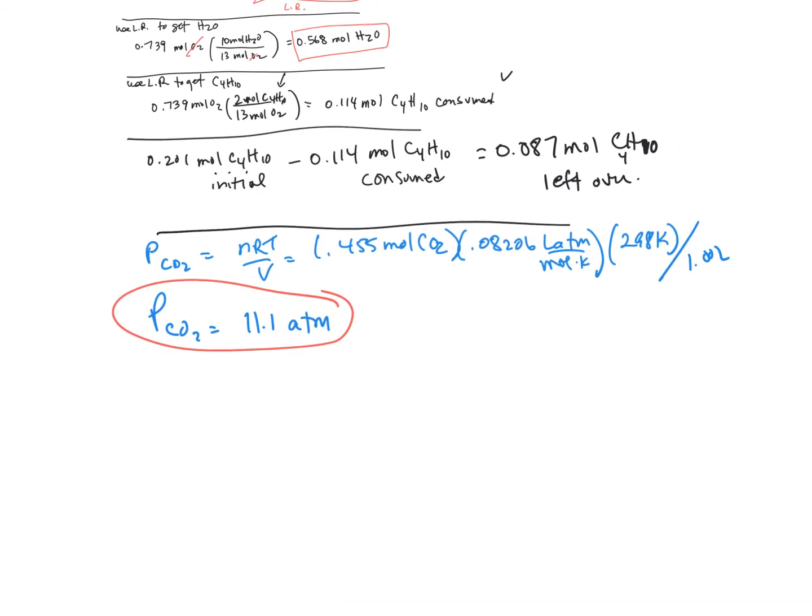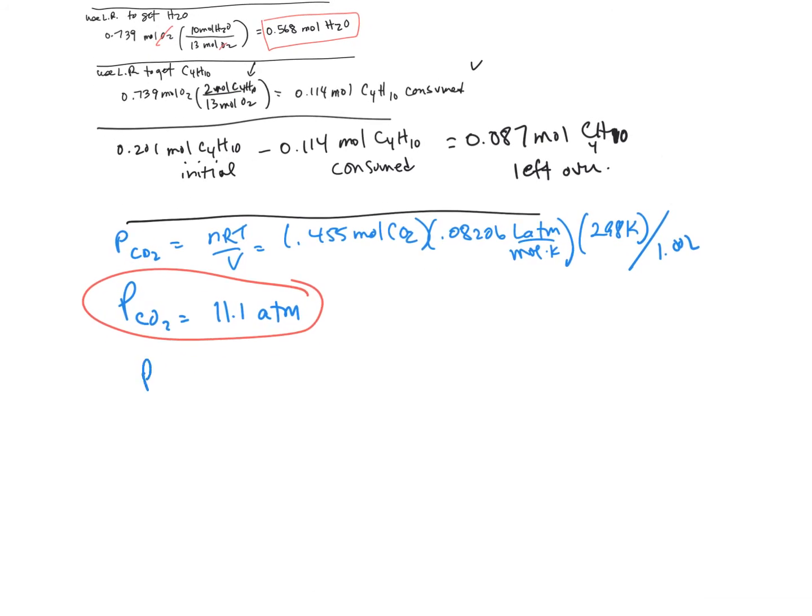Next we're going to look at the partial pressure of the other product, which is the water. And we're going to use the moles again. So it'll be 0.568 moles of H2O. And the other numbers are the same, 0.08206 times 298 divided by 1.